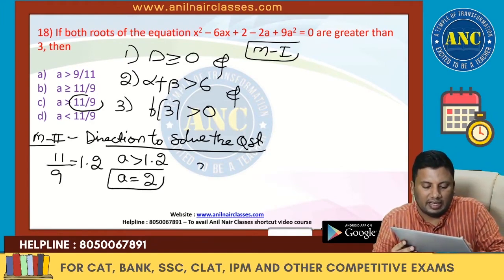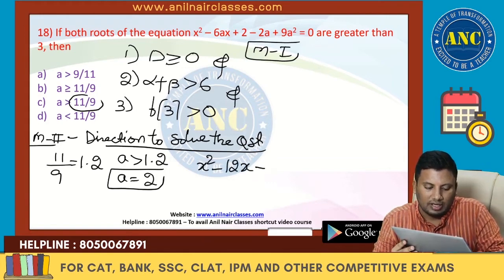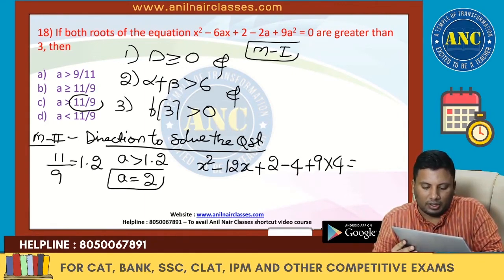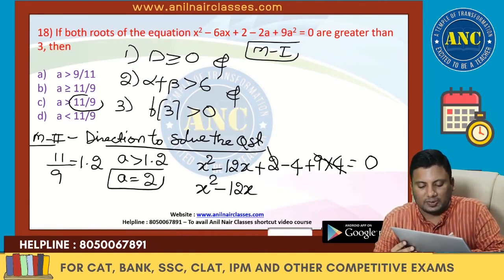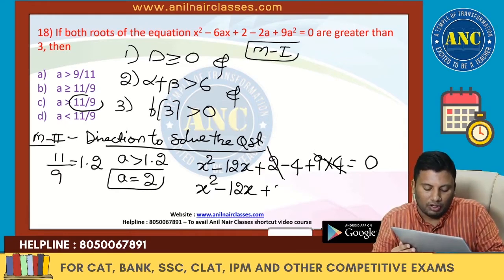If I take A value 2, x square minus 12x plus 2 minus 4 plus 9 into 4 equivalent to 0. This is nothing but x square minus 12x, 36 plus 2, 38, 38 minus 4, 34 equivalent to 0.